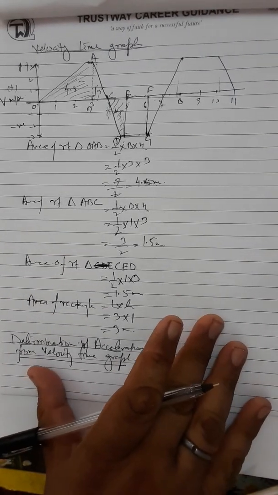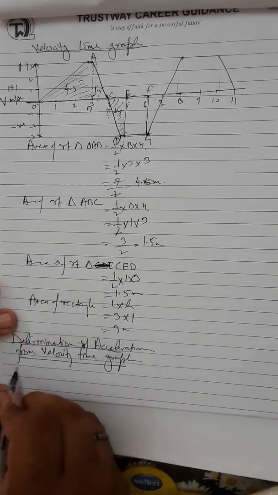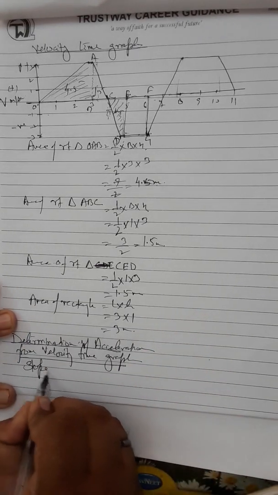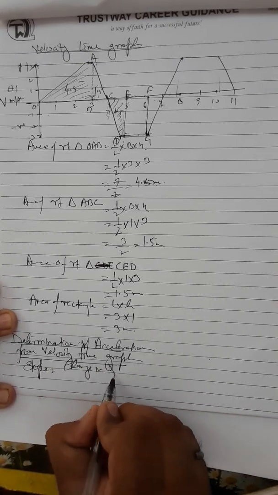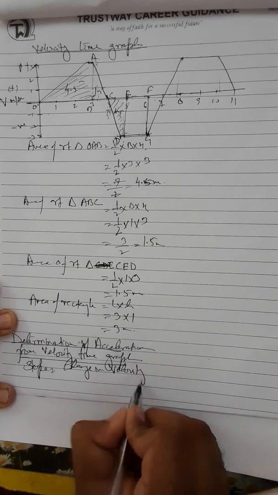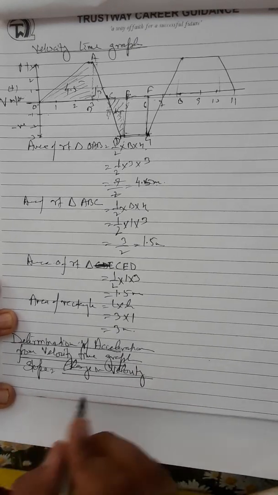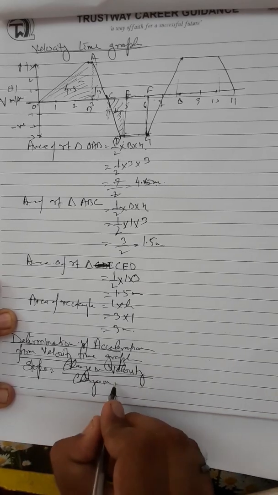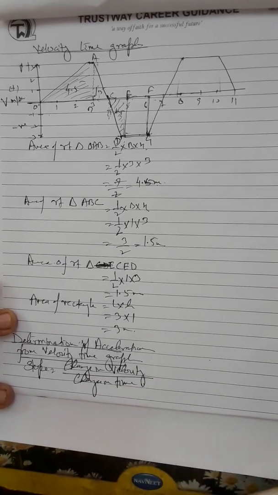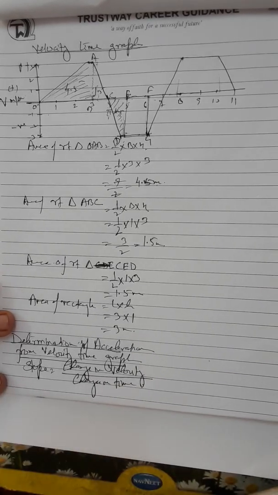In the velocity time graph, if we have to calculate the acceleration, we have to calculate the slope only. Slope is change in velocity upon change in time. Slope we have to calculate. Change in velocity upon change in time.